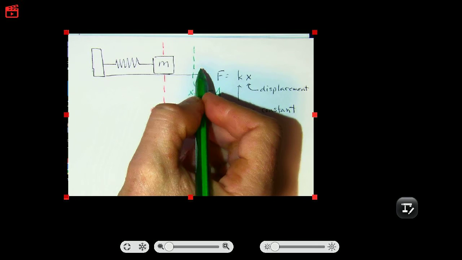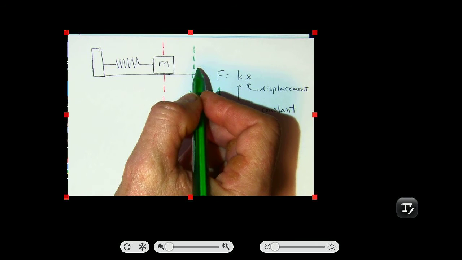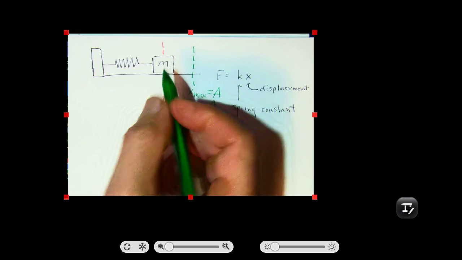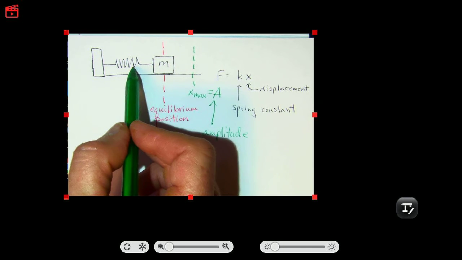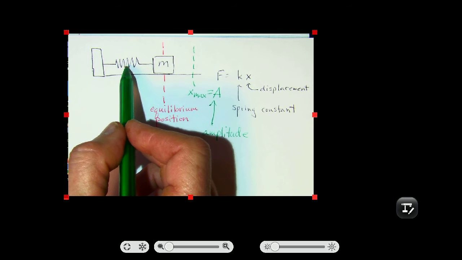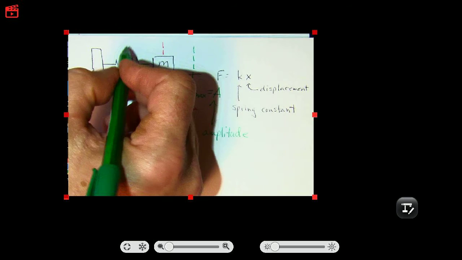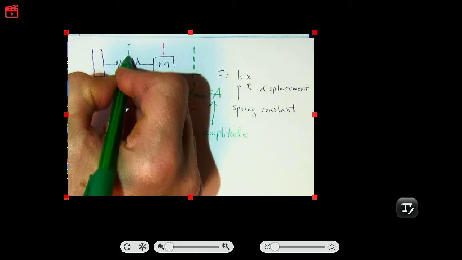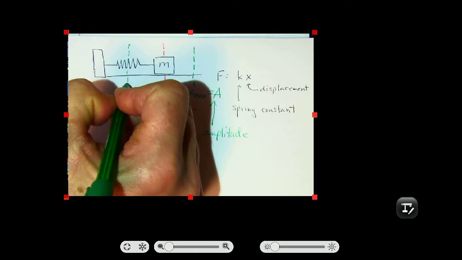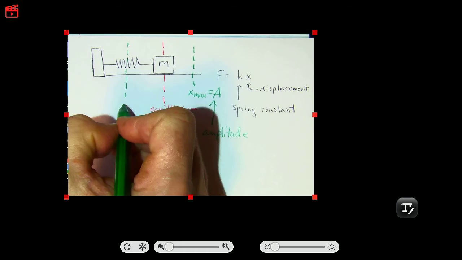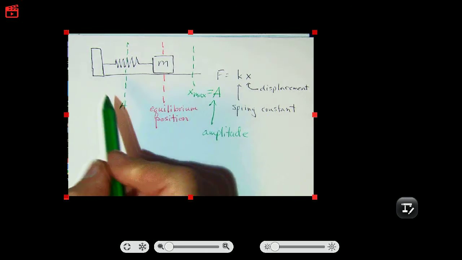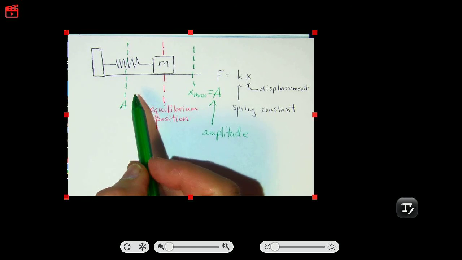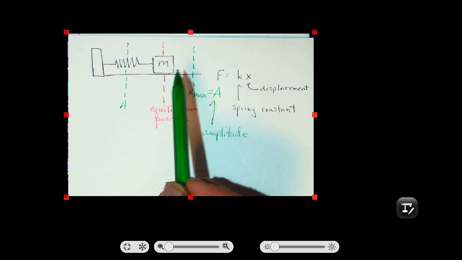If it gets displaced that far over here, when we let it go, it's going to pull back. It's going to go past the starting equilibrium position and go that same distance this way, this time compressing the spring. And we get that same value here, A and A on either side.